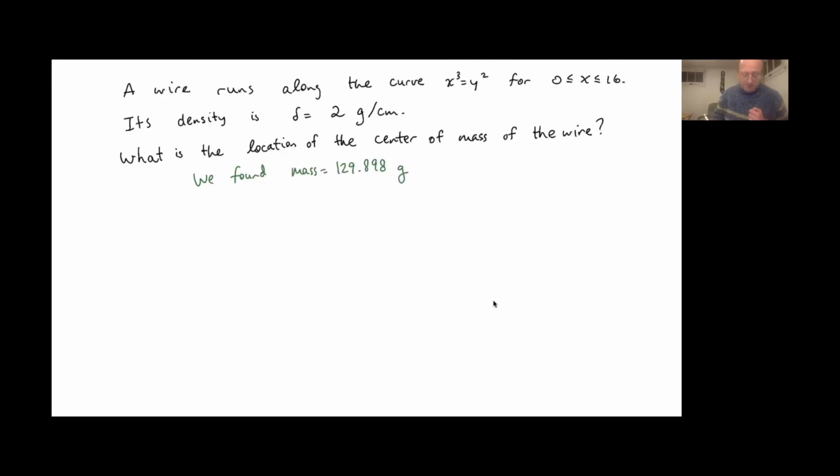Well, the center of mass is located at the point x bar, y bar, where x bar is the average value of x along this wire. So 1 over the mass times the integral of x times the density times ds.